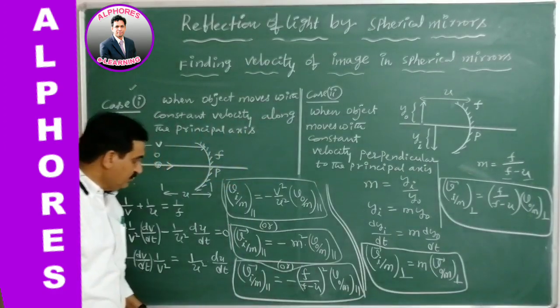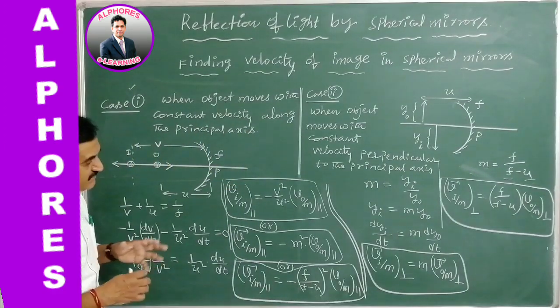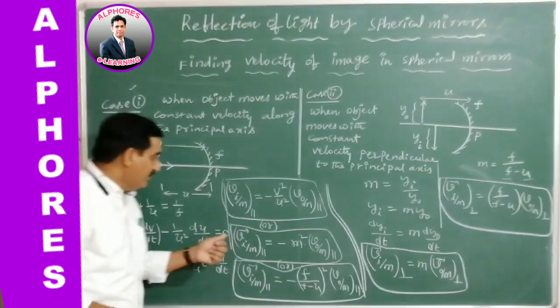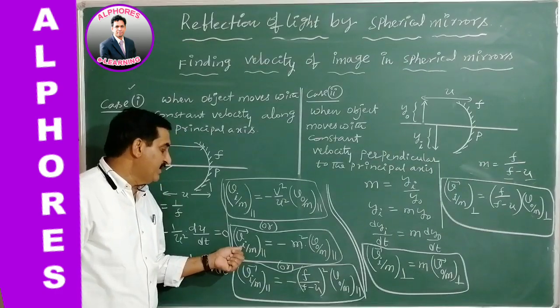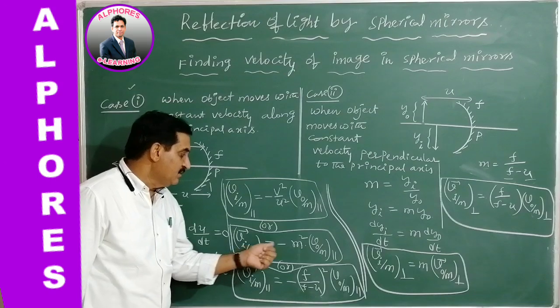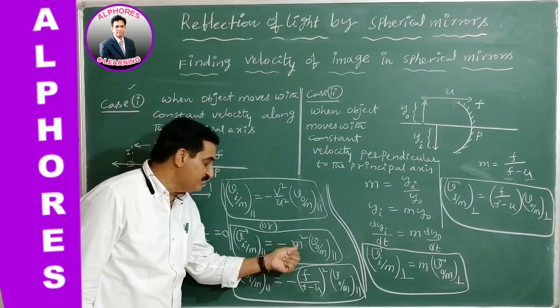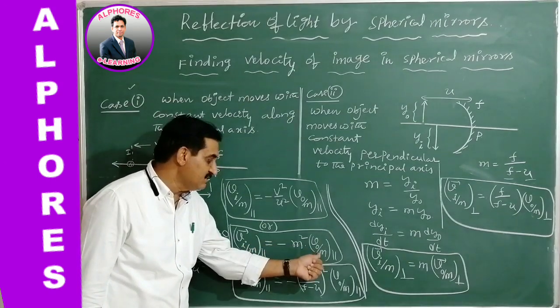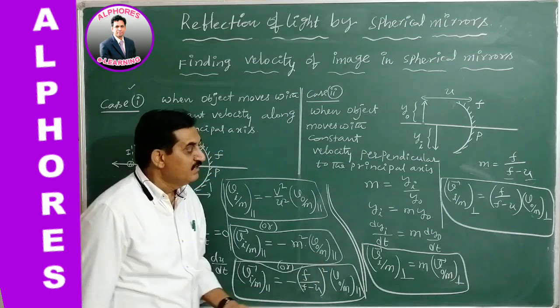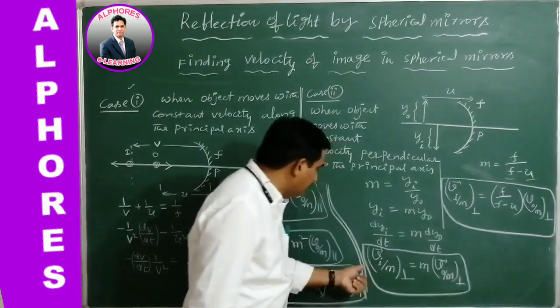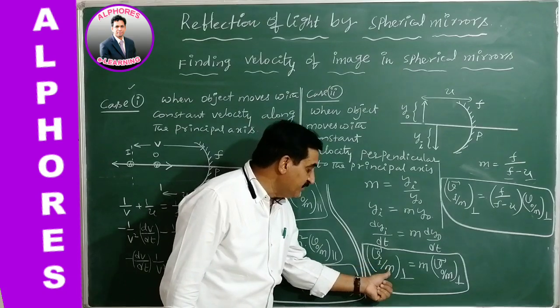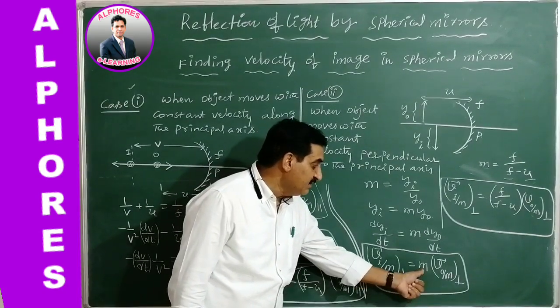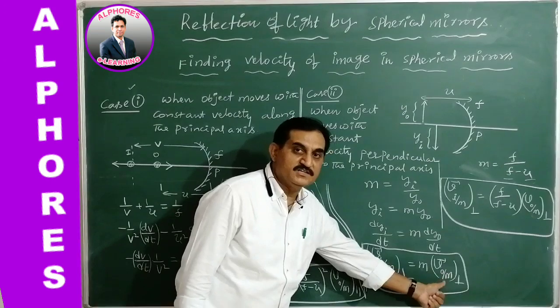Now I would like to show the big difference between these two formulae. While finding the component of velocity along the principal axis, the formula is minus m square times the object velocity with respect to mirror. Here, for the perpendicular component, velocity of image with respect to mirror is m into object with respect to mirror.